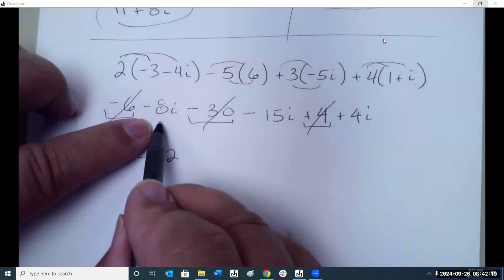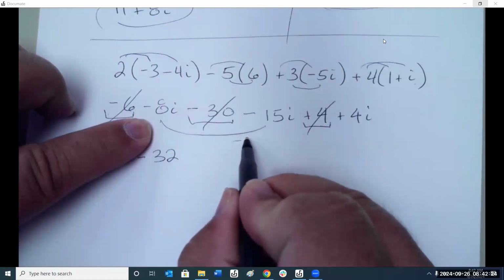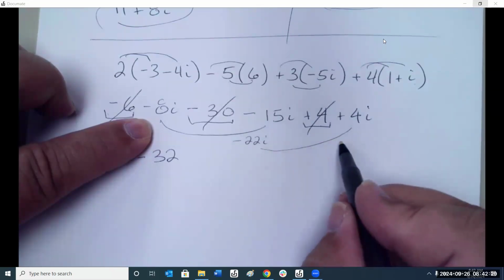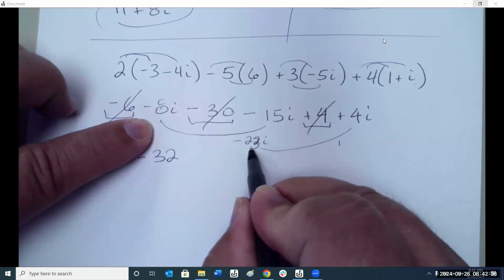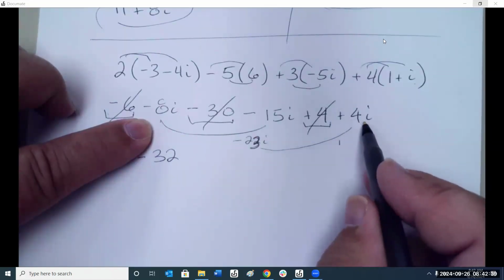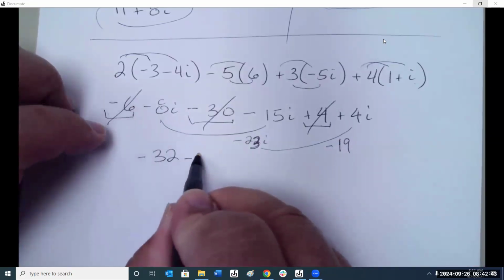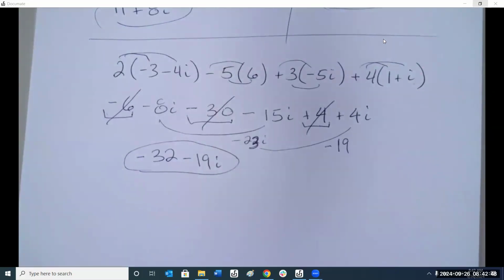Now we have negative 8 minus 15, negative 23i, plus 4i. Negative 19i. So it doesn't matter how it's arranged. You can do that.